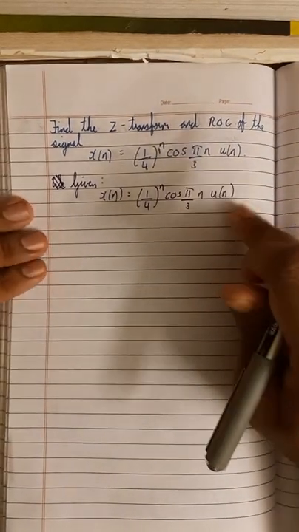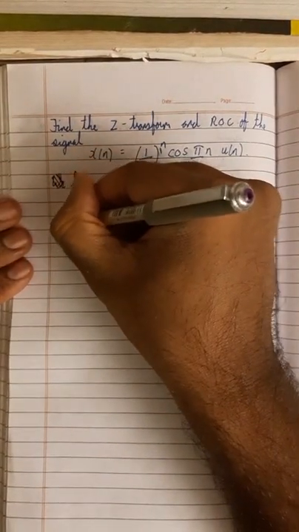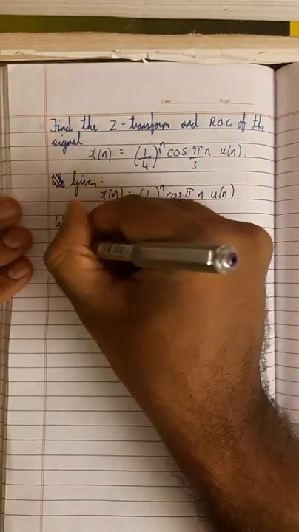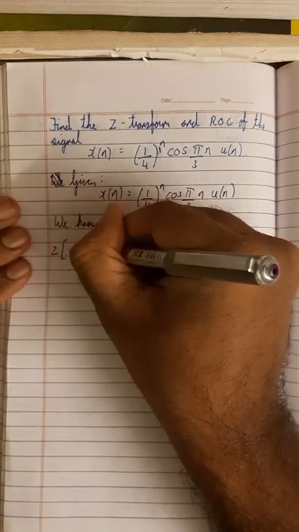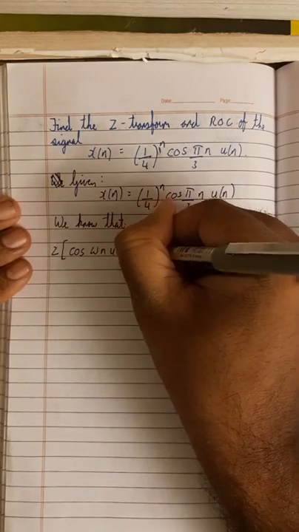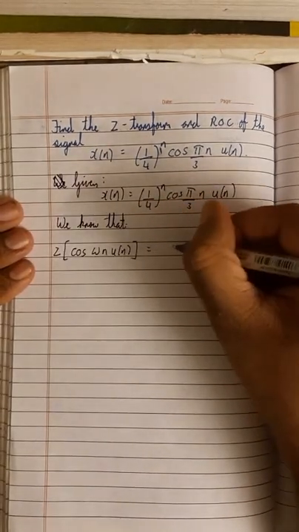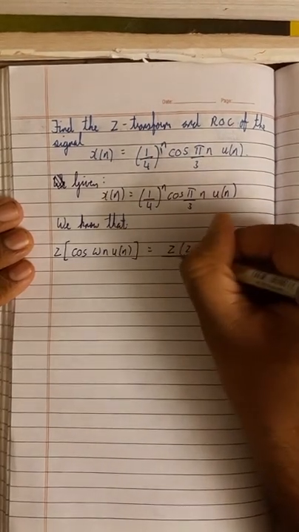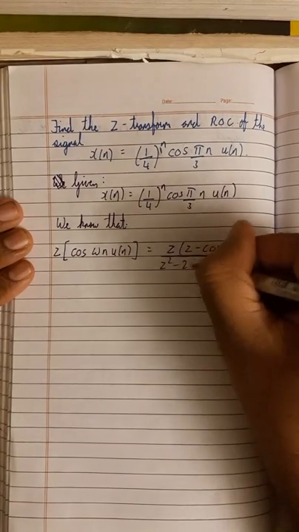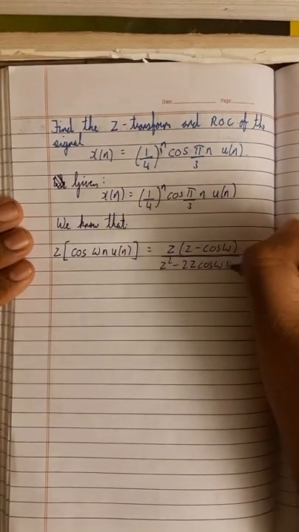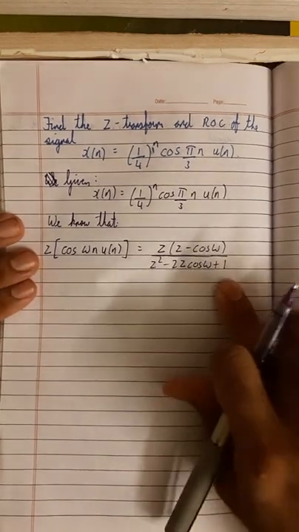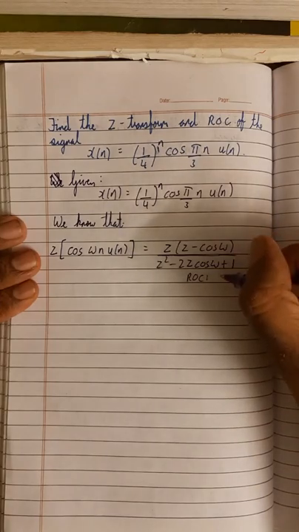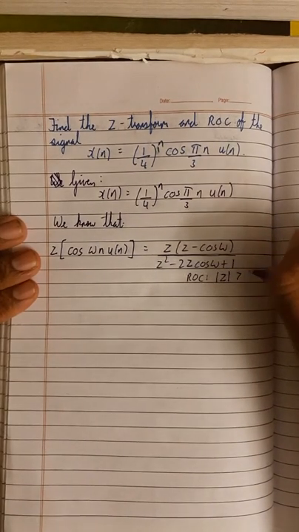So we know that the z transform of cos omega n u of n, we have learned this, is z into z minus cos omega by z square minus 2z cos omega plus 1. And your ROC for cos and sine and all is nothing but the magnitude of z greater than 1 always.